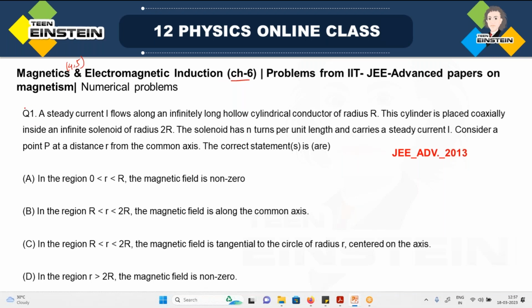See, in the first question it is said a steady current flows along an infinitely long hollow cylindrical conductor of radius small r. So the situation is something like this.